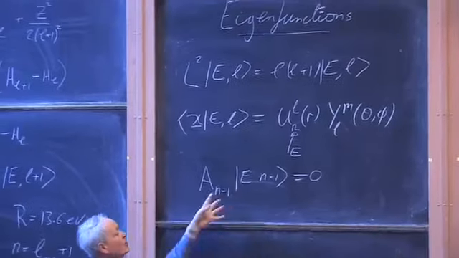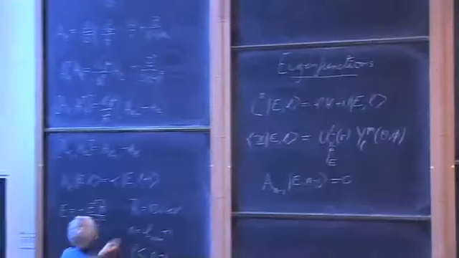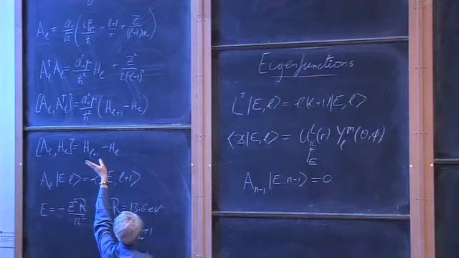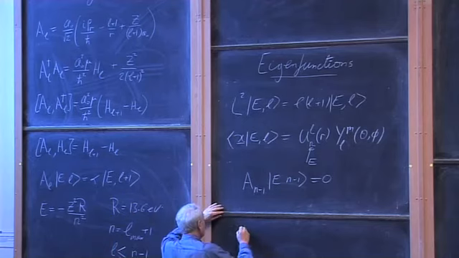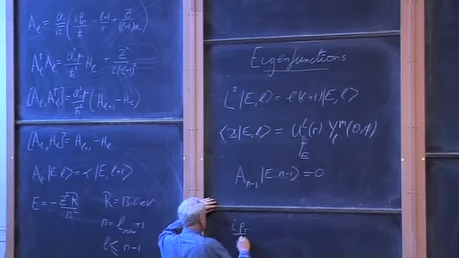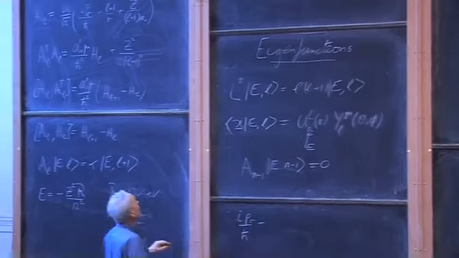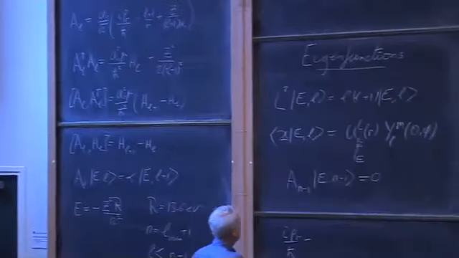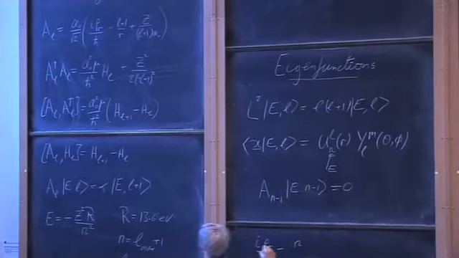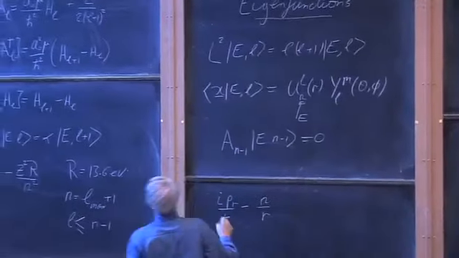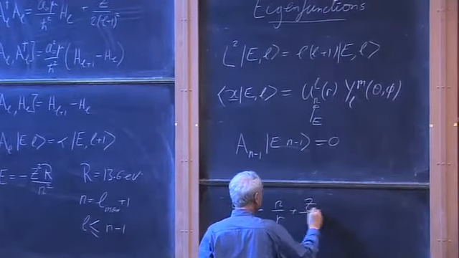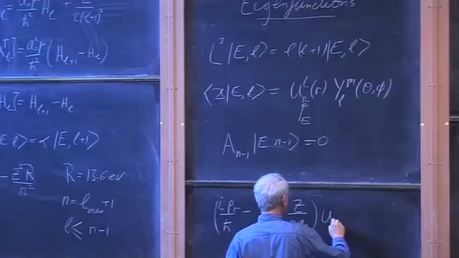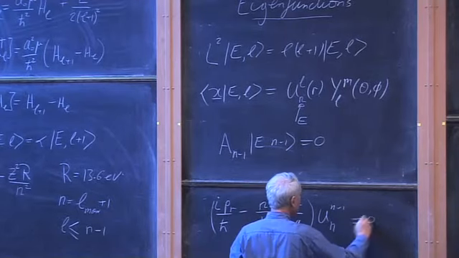So we look at this equation in the position representation, and we can forget about that A_0 over root 2 because it's just a constant. So we're looking at (i p_r over h bar minus (n over r) plus Z over n a_0), operating on u_{n-1}, which must give you nothing.